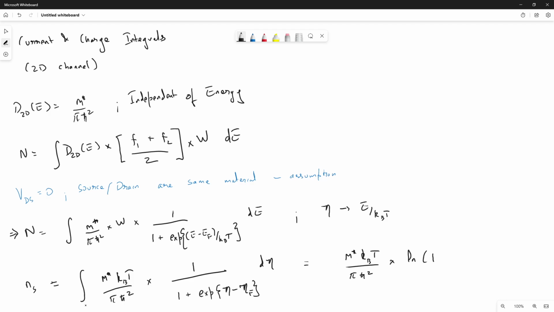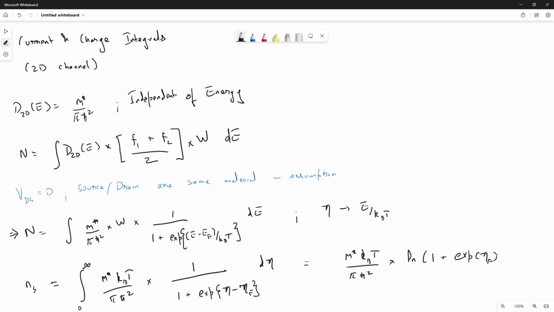So this essentially goes from 0 to infinity. That is the limits of integration. So this can be written as 1 plus exponential eta.